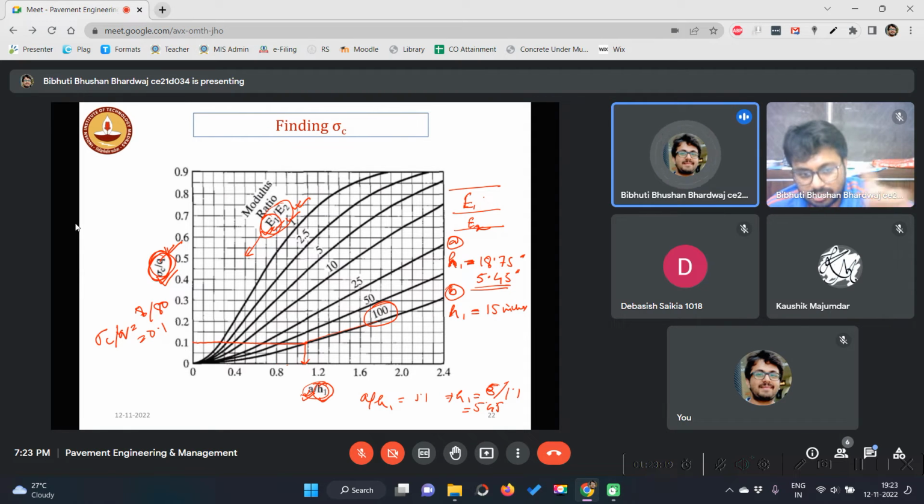It's not always about the thickness. Sometimes it is about the cost also, availability of the materials. Suppose you have a bitumen plant of your own, then you will provide 5.45 inches of bituminous layer, because granular material quarries are banned in your state, in your district, so you cannot get this much of aggregates. So there can be many.